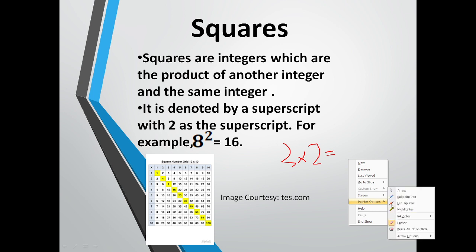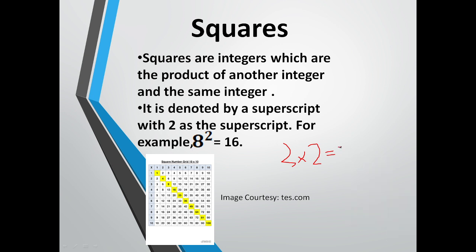We can represent 2 into 2 as 2 squared also, because you can see that we are multiplying the same digit 2 times. So this is first and this is second. So we will write 2 squared.